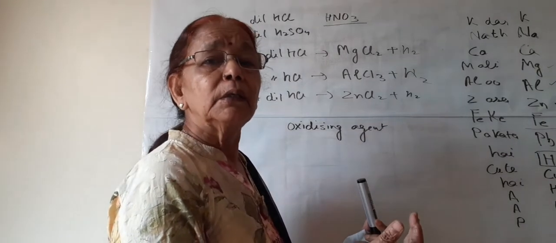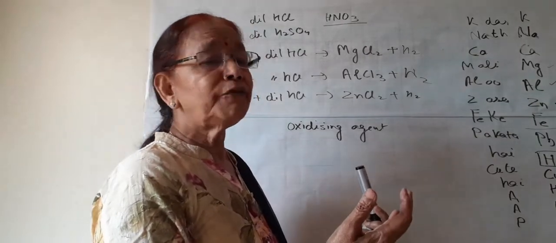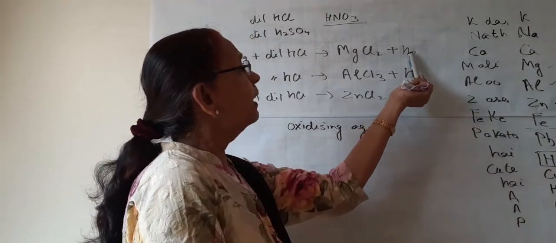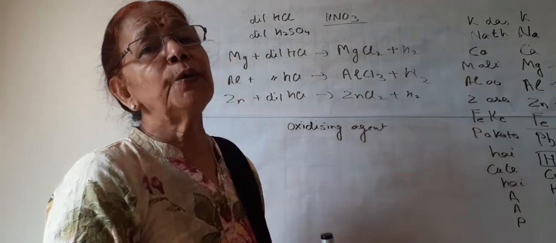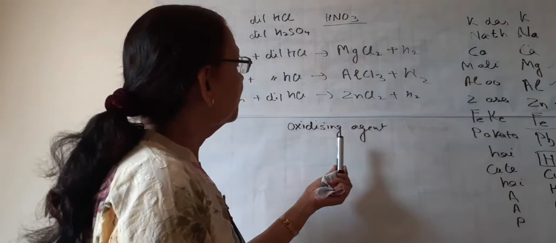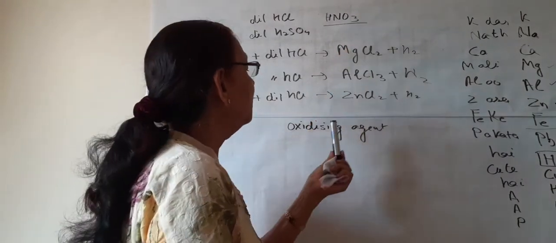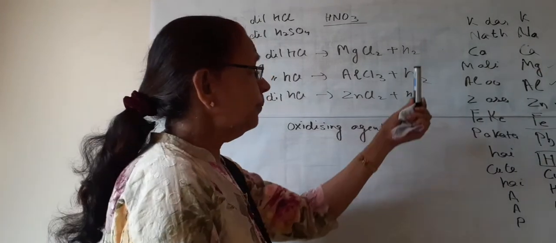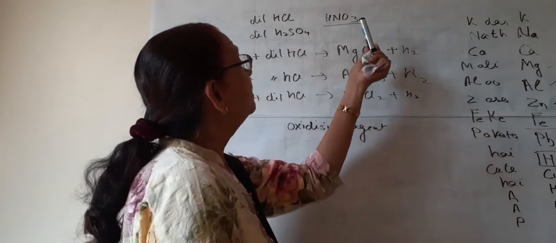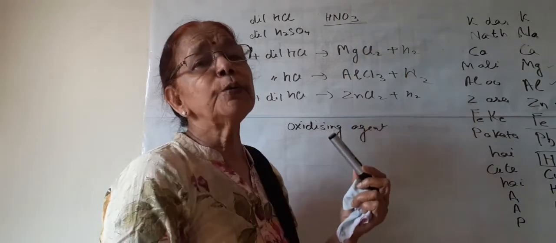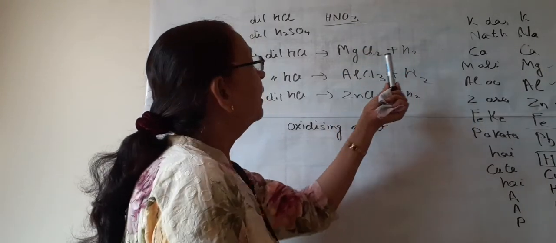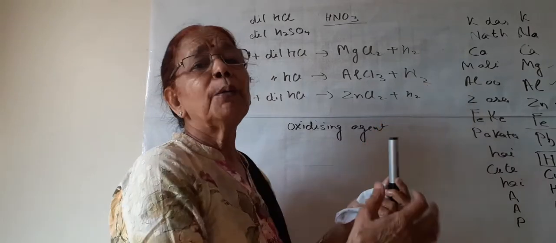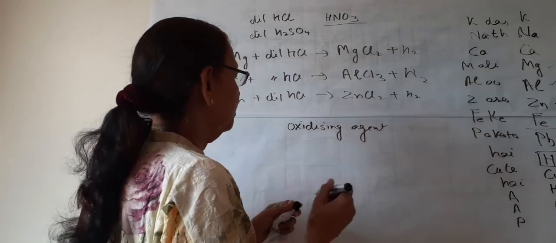The hydrogen is converted into water due to the presence of HNO3, which is a strong oxidizing agent. So no metal reacts with HNO3 to produce hydrogen. Hydrogen can be produced, but it converts to water.